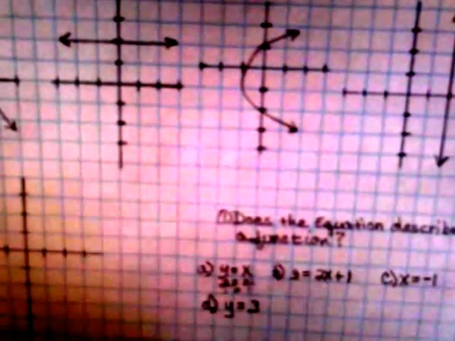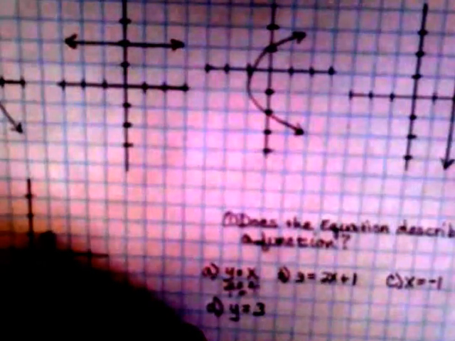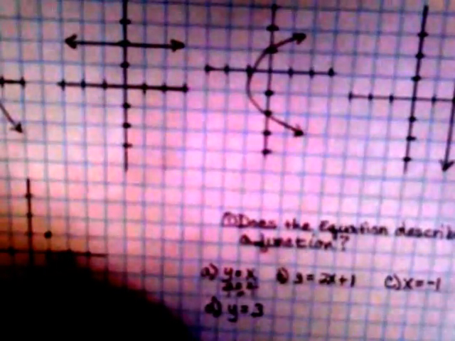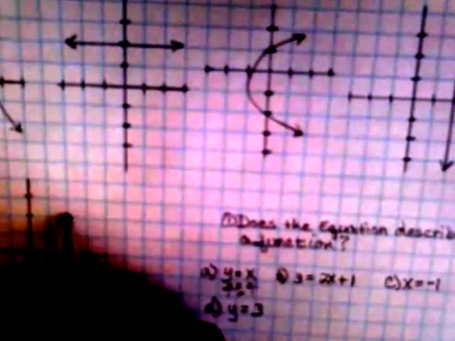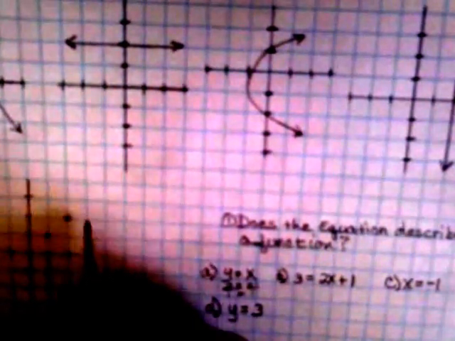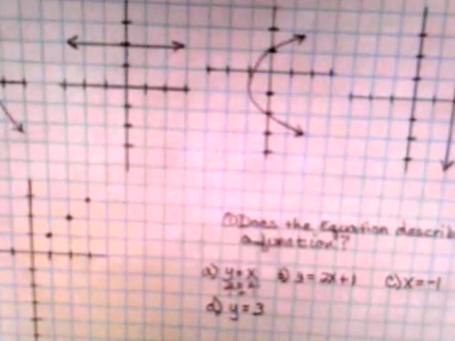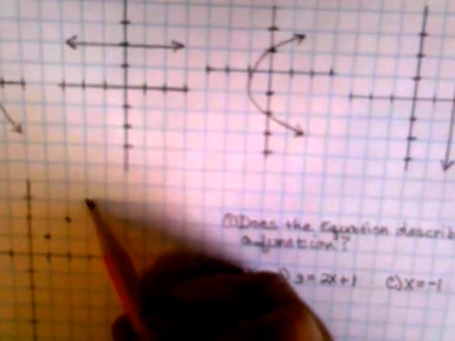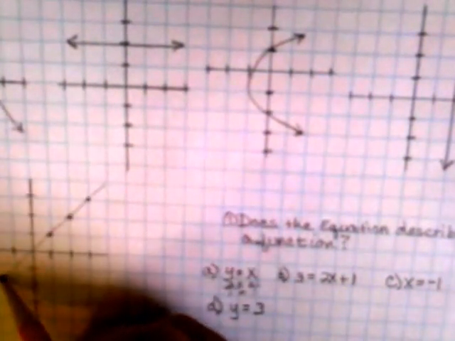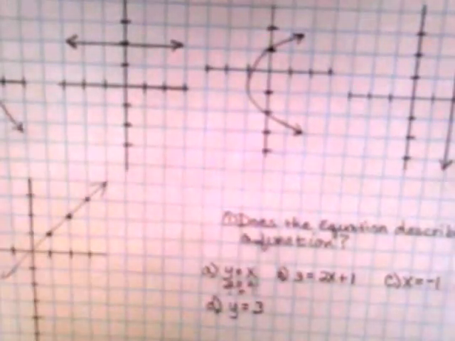Whatever y is equal to, x is equal to. So if you want to look at it on the graph, you would have 1 and 1. X is 2, y is 2, right? X is 3, y is 3. Yeah, you're going to have a linear equation there. And so, yes, it would be a function.